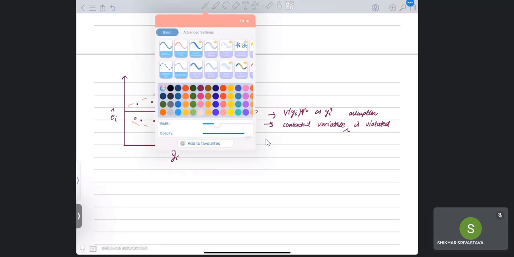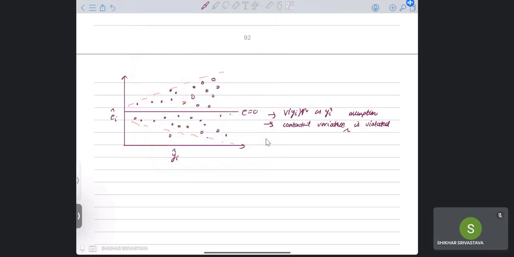So that implies that the ordinary least square estimate is inappropriate to provide a linear fit to this data.